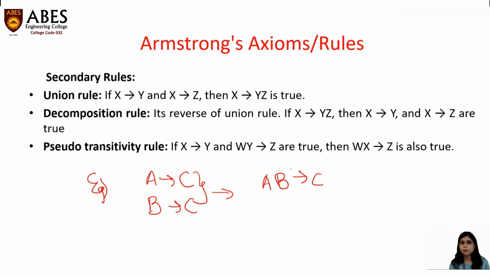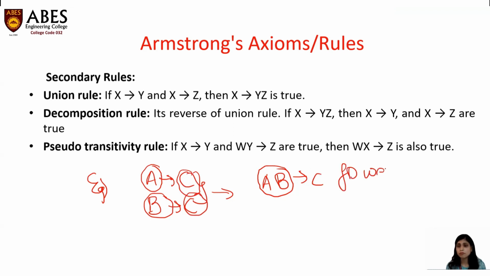Yes, we can do so, but the problem is that we are saying clearly that from either A or B alone, we can determine C. But here we are making our FD weaker by saying that only when we have both the attributes A and B, then only can we determine C. So we are making our FD weaker.